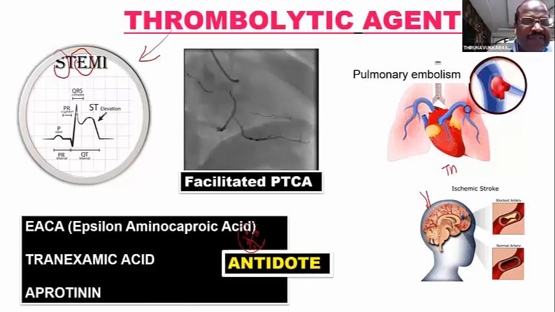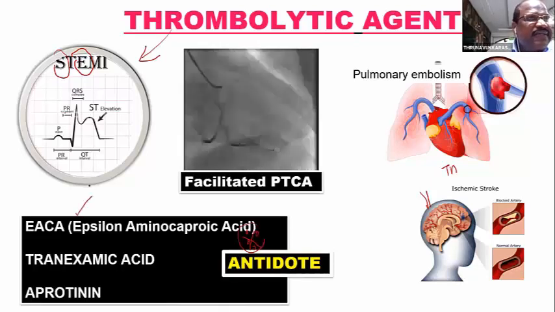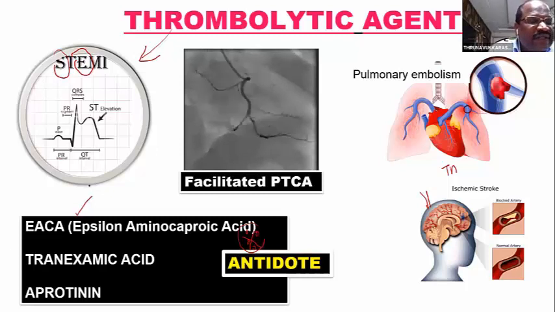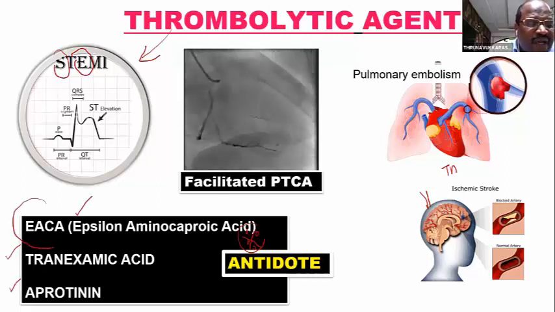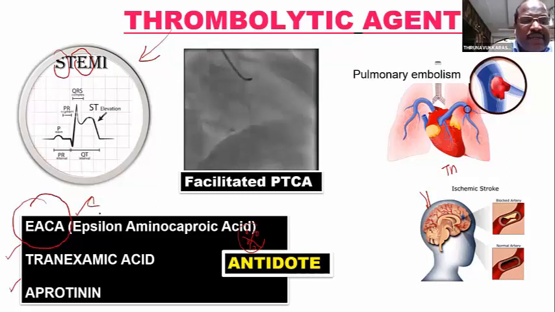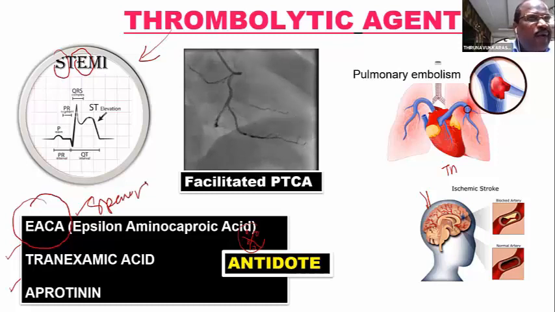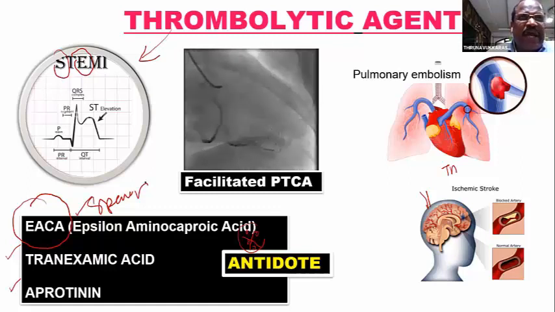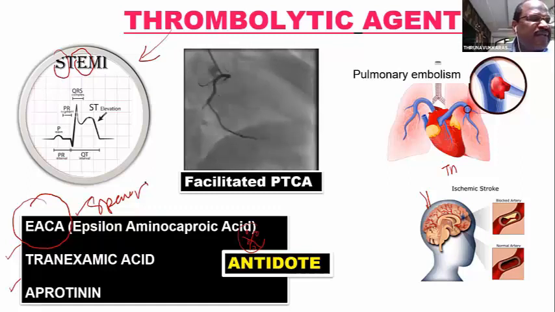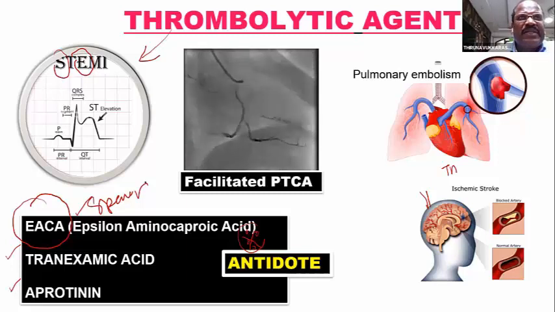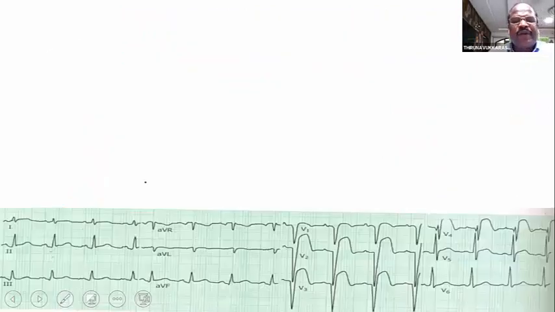One is epsilon aminocaproic acid, one more is tranexamic acid, and one more is aprotinin. Among these, please note, epsilon aminocaproic acid is the most specific antidote for thrombolytic agents. Even though the book says epsilon aminocaproic acid, tranexamic acid, and aprotinin, the most specific is epsilon aminocaproic acid.